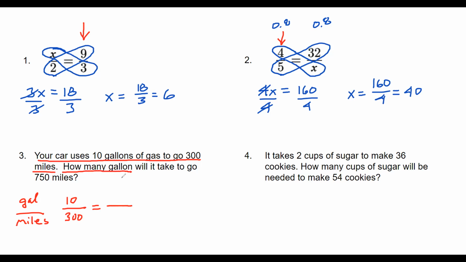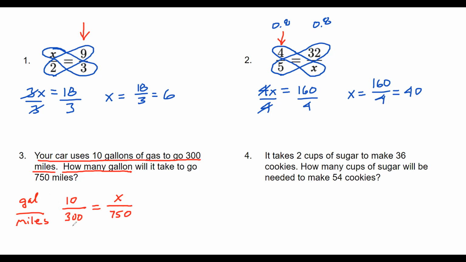How many gallons will it take to go 750 miles? So we can put 750 right here. We always want to keep the miles on the bottom and the gallons on the top because that's the way we started. Now we just go back to cross multiplying and solving.